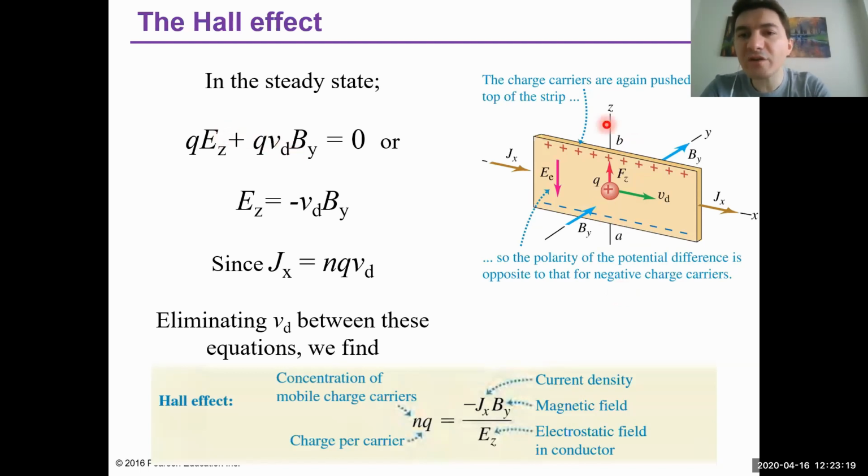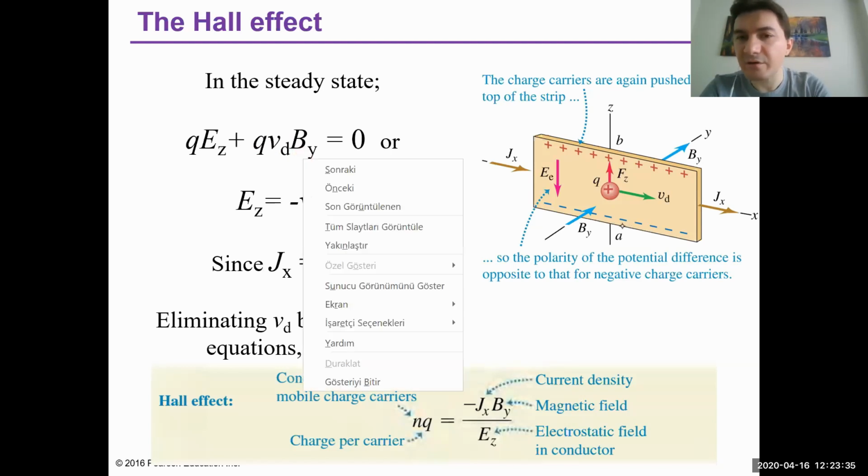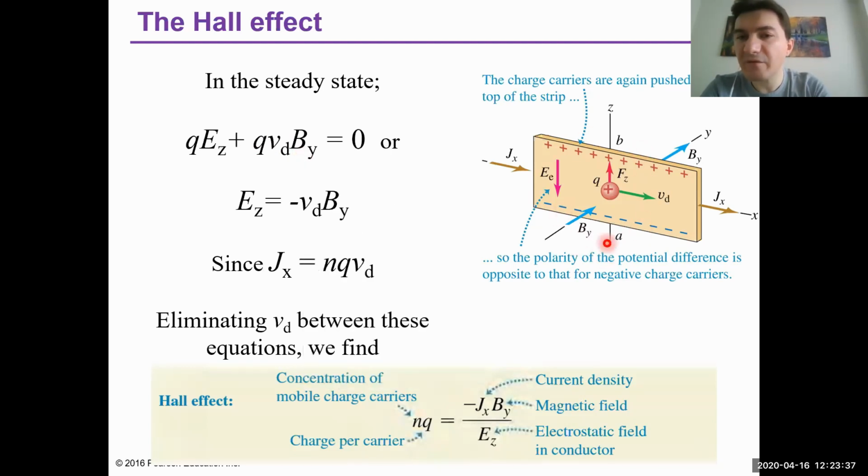So then the total force acting on that charge will be zero. So electric force, Q times E, plus magnetic force, QVB, will be equal to zero. There will be no net force acting on the system in the steady state. So then the electric force can be written with that expression, minus VDB.